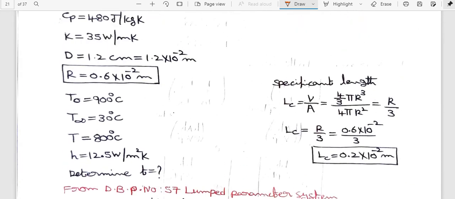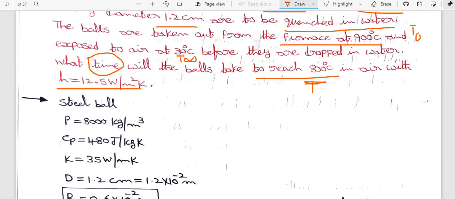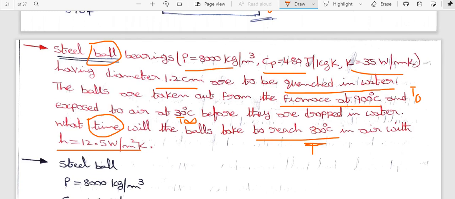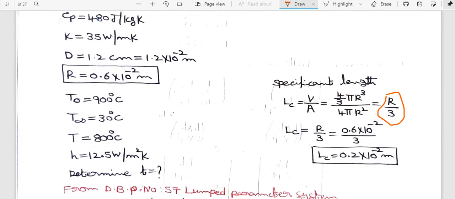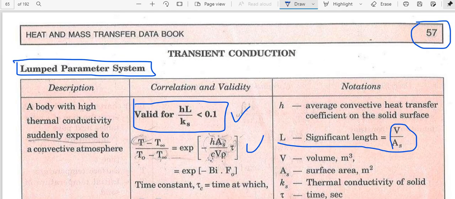LC is equal to V by A. This is a sphere, so LC is equal to R by 3. The diameter is 1.2, so the radius is 0.6 into 10 power minus 2, divided by 3. This is the LC value. After calculating it, we need to verify whether the Biot number HL by K is less than 1.